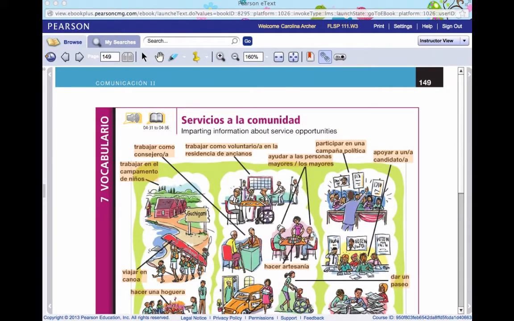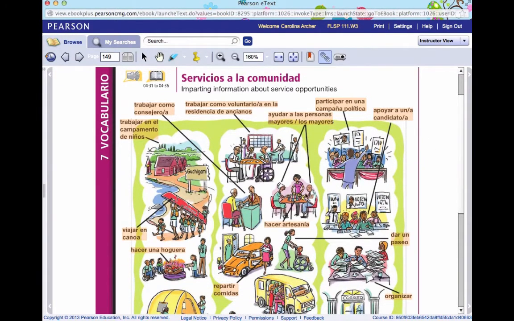Okay. Today we're going to be looking at service to the community, servicios a la comunidad, and some action verbs. Of course, these are all verbs that are in the infinitive form. So when you say, I support a candidate or she helps, we have to conjugate them, okay?